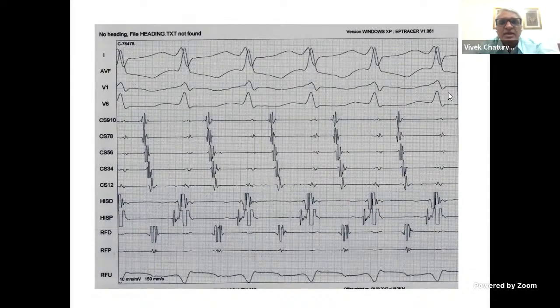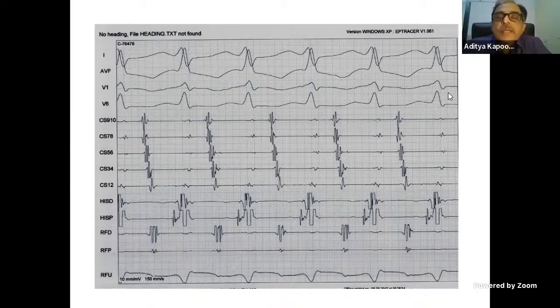What it cannot be is sinus tachycardia. And why can this not be a sinus tachycardia? Can someone tell me? Great question.